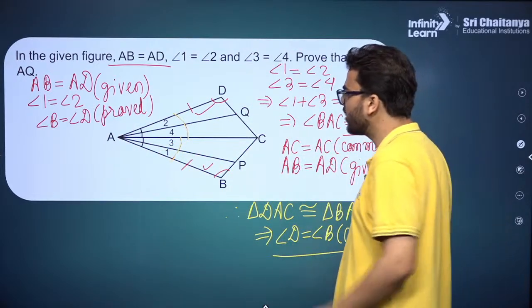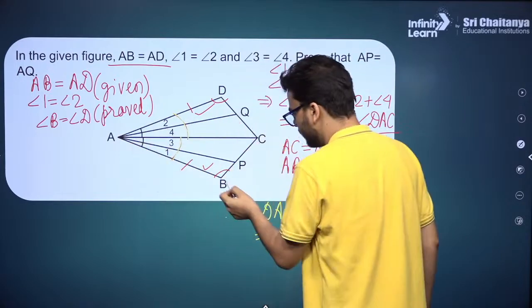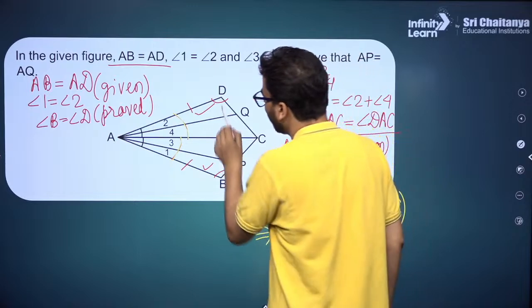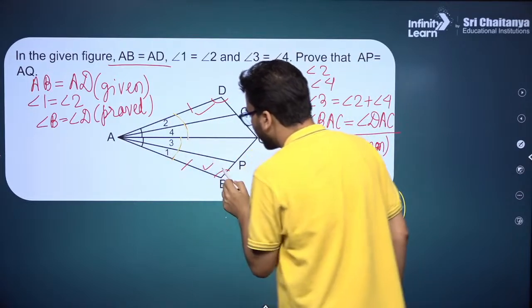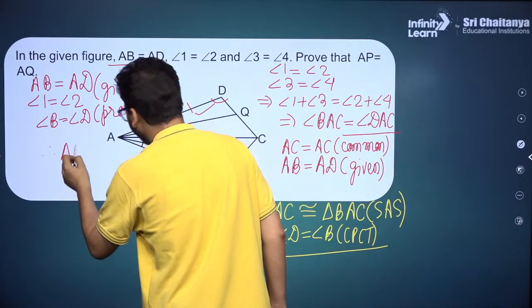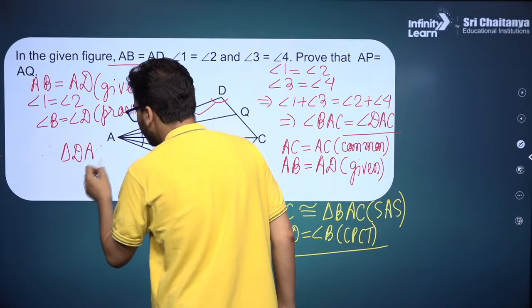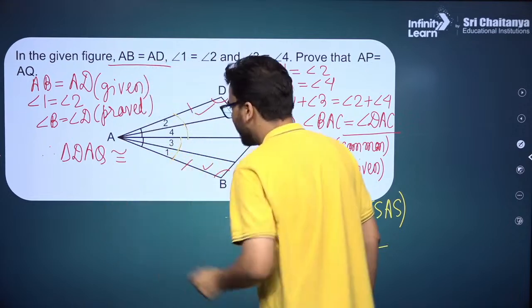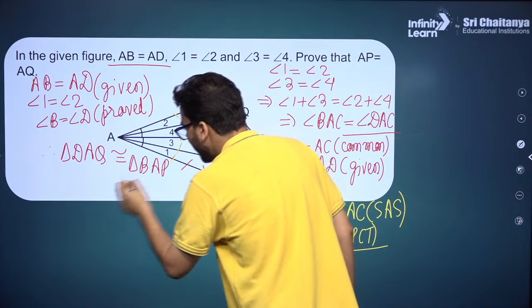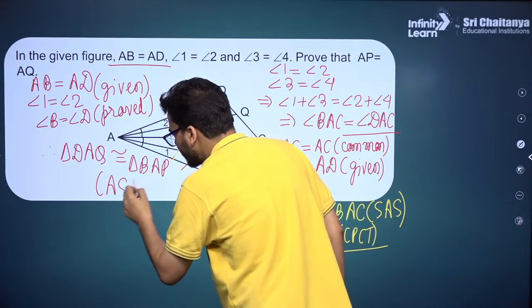So therefore, can I not say that DAQ and BAP are congruent by ASA? Therefore, triangle DAQ is congruent to triangle BAP by ASA congruency criterion.